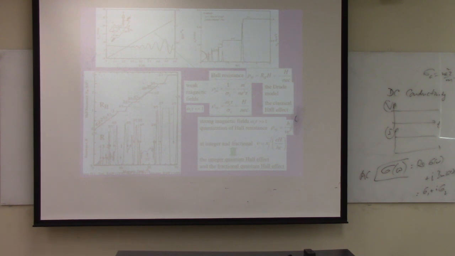So then J also should have frequency dependence, right? Omega divided by, I just plug in P here, 1 over tau minus I omega. Very simple. So what is this?